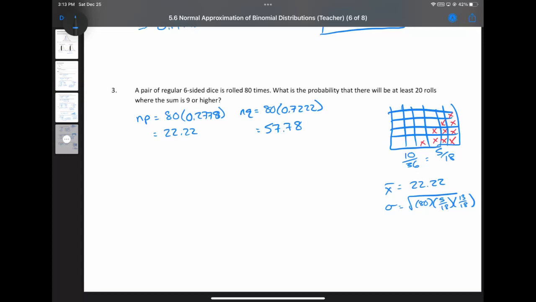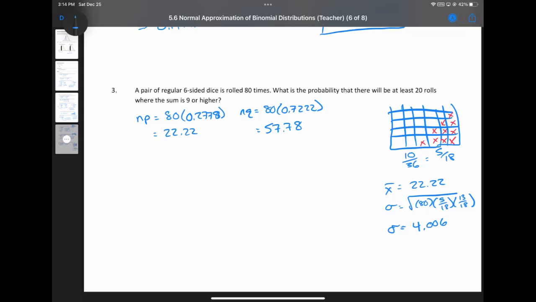I'll be slightly more accurate when I punch it into my calculator as well. Times 13. Okay, so that's the square root of 16.04 something, which works out to be almost exactly 4. It's actually 4.006. I'll leave it like that. That's close enough.